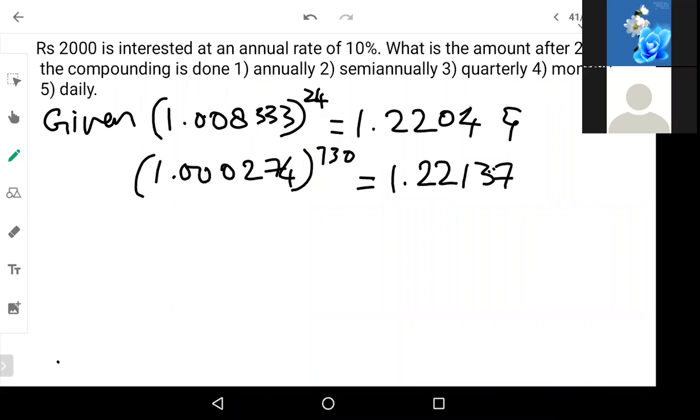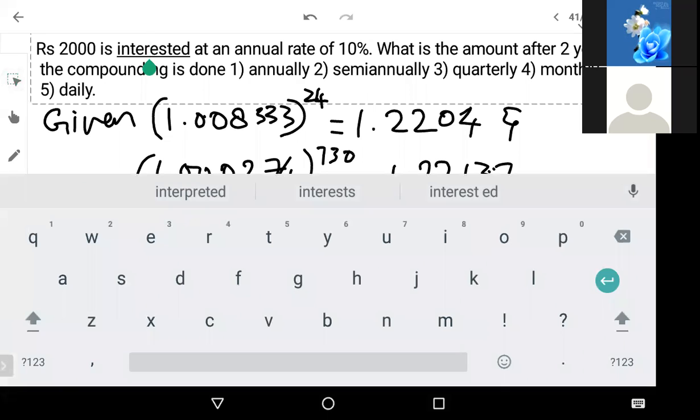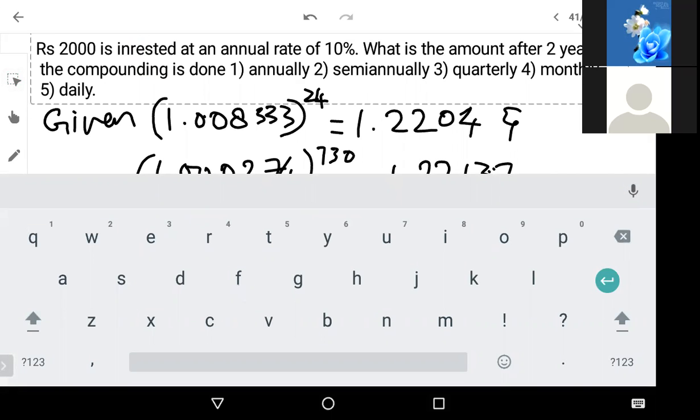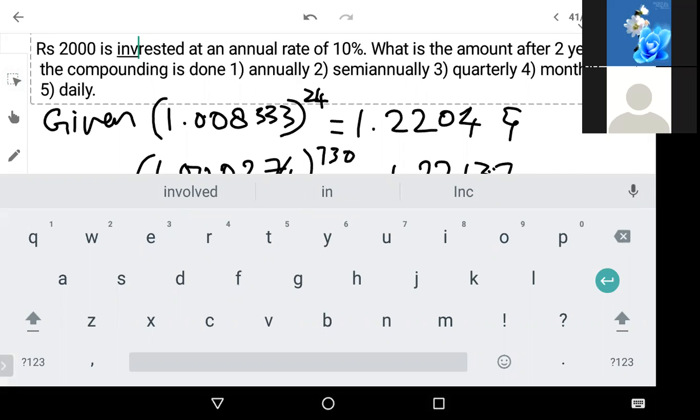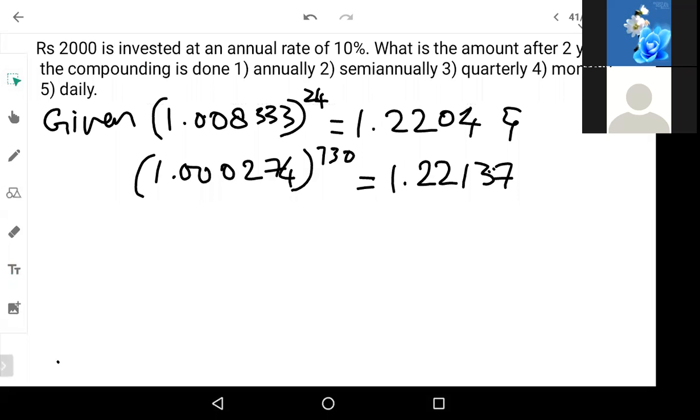Now the next question: rupees 2,000 is invested at an annual rate of 10%.